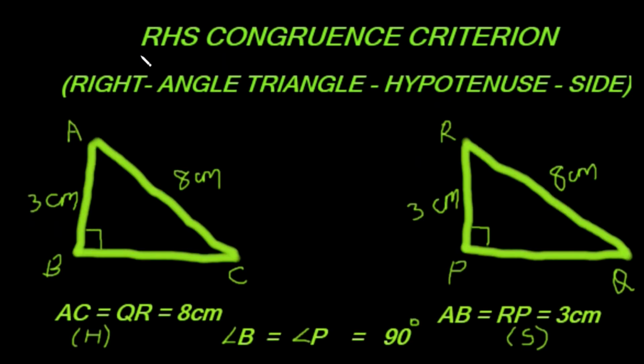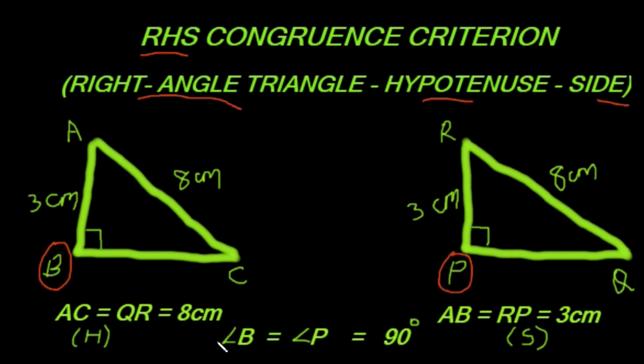The last and the fourth type of congruence criterion is RHS congruence criterion. R stands for right angle triangle, H hypotenuse, S side. Now when you look at these two triangles ABC and RPQ, we note that angle B and angle P, they both are same.